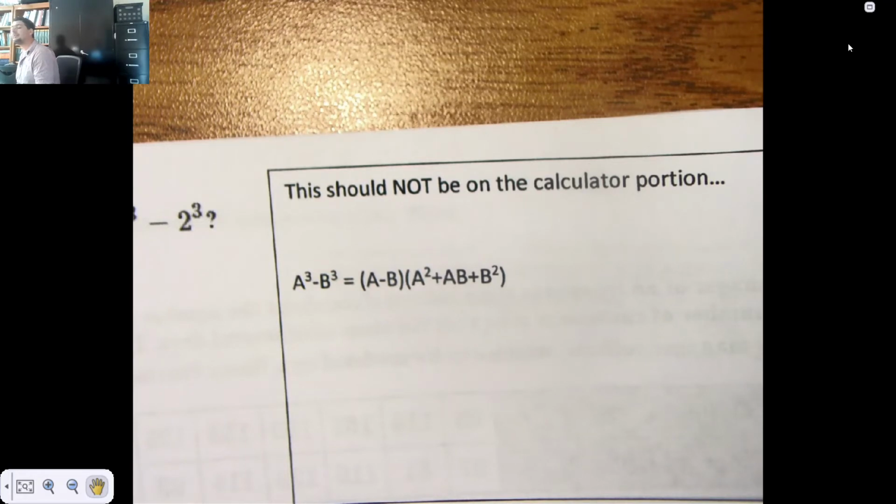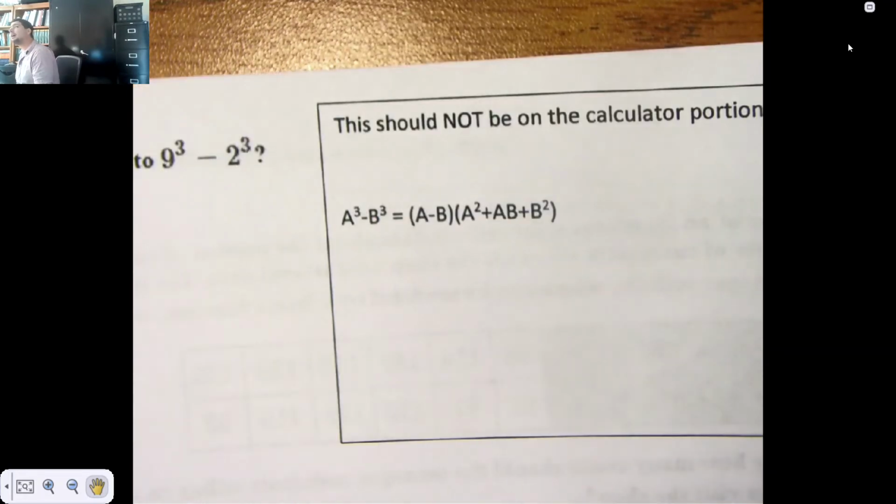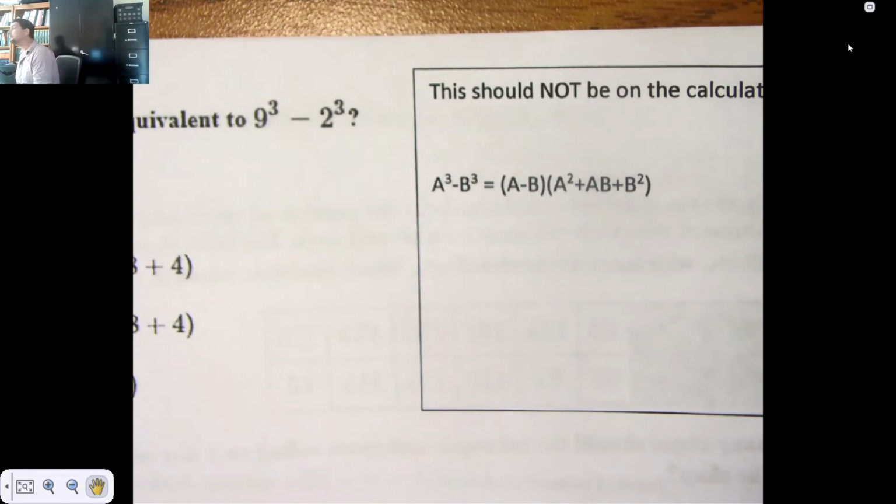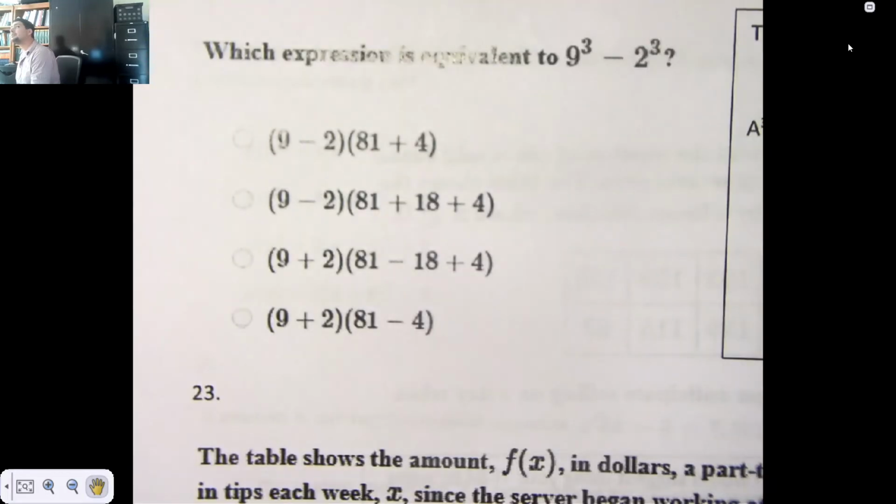I swear it shouldn't be. I don't know how many of you guys just push buttons in a calculator. I kind of hope some of you did. But all you had to do is look over at the pattern. What are the signs on the pattern? Minus, plus, plus. Look at the answer choices.